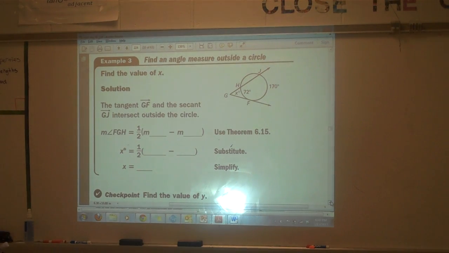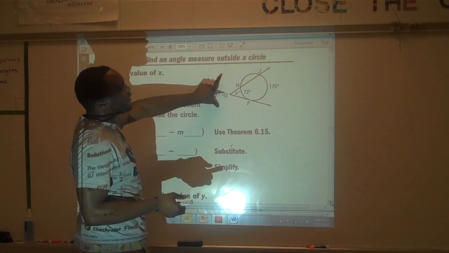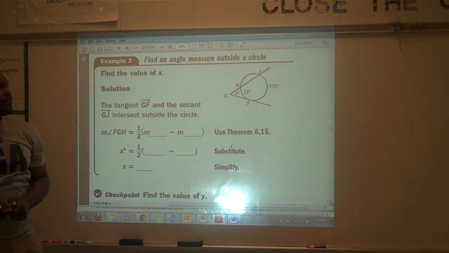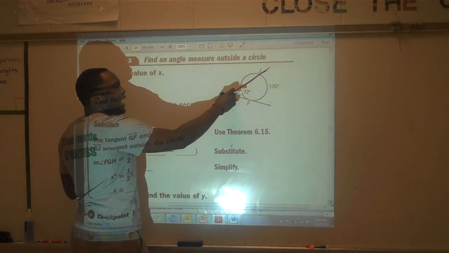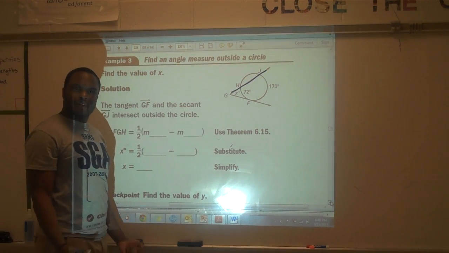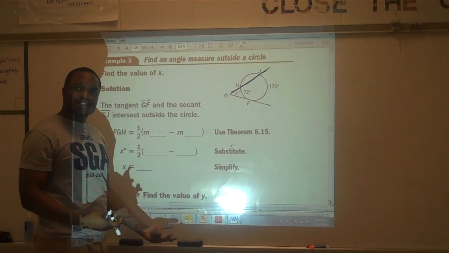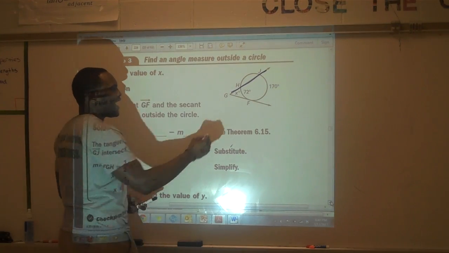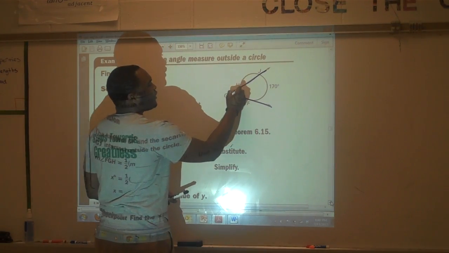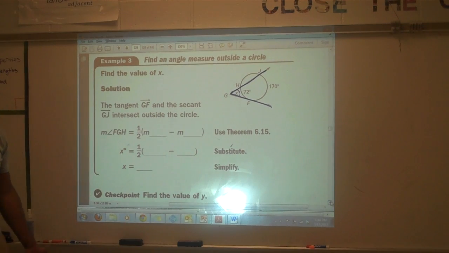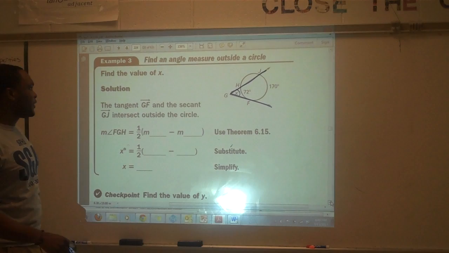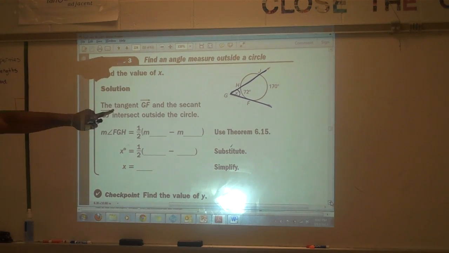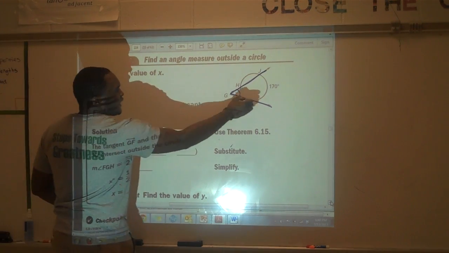So for example 3, I have a circle. See this diagram, my upper right. I have a circle and I see two lines that come to meet outside of my circle. What are two lines doing meeting outside of my circle? Gotta subtract them. Have to subtract them if I want to find out what this angle is. That angle X. Have to subtract them because they're meeting outside of my circle here at point G. So if I want to find the measure of angle FGH, that's this angle here.